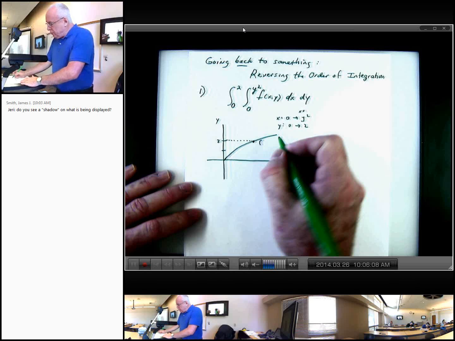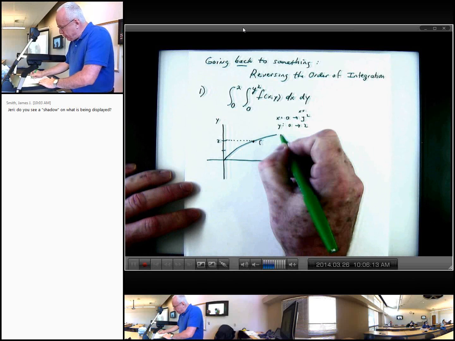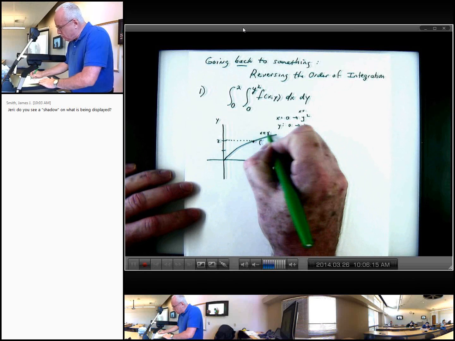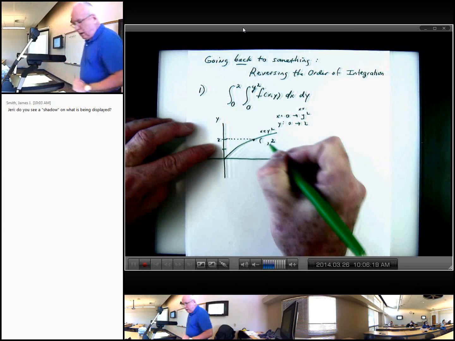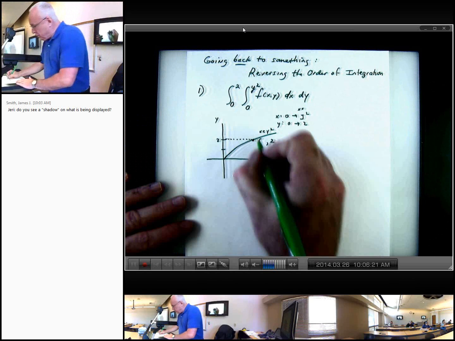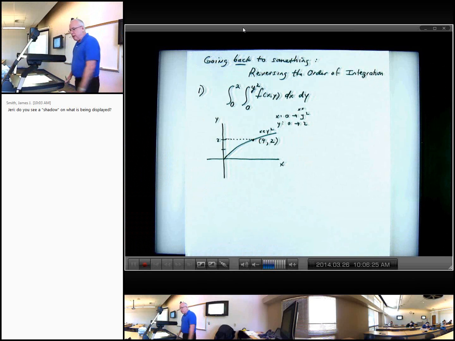Here, x is equal to y squared. So if y is 2, our x coordinate has to be 2 squared, or 4. So that's the point right there.